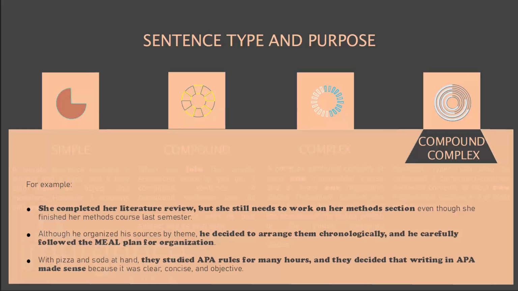When you have this many aspects in a sentence, it naturally becomes a compound-complex sentence. Now let's look at a third example: with pizza and soda at hand, they studied APA rules for many hours and they decided that writing in APA made sense because it was clear, concise, and objective.